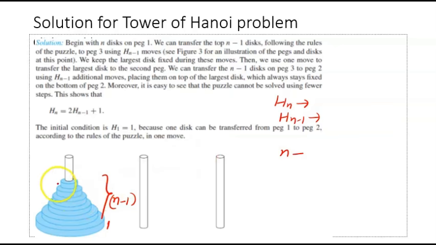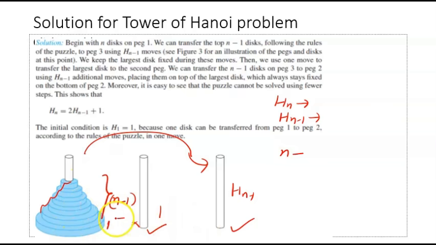Suppose I first move the top n minus 1 disks to this peg in Hn minus 1 steps. Now we have the largest disk lying at the bottom. This largest disk will be moved from here to here in how many steps? 1 step. Now we have n minus 1 disks on this peg, 1 disk on this peg, and this peg is now empty. We don't have any disk anymore on this peg.